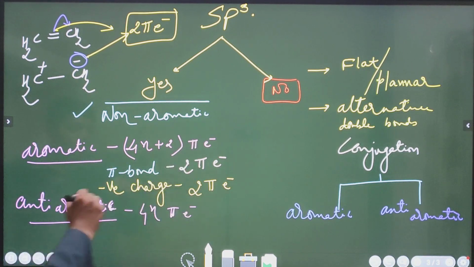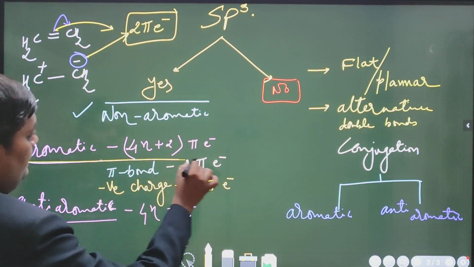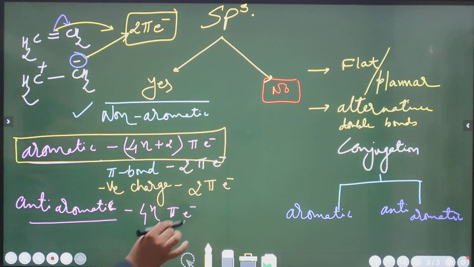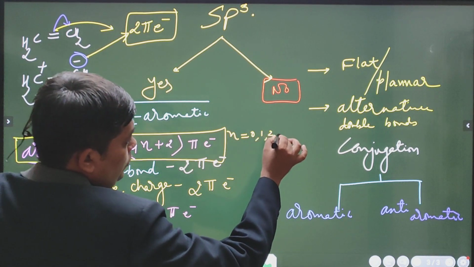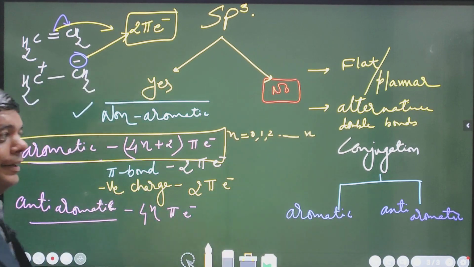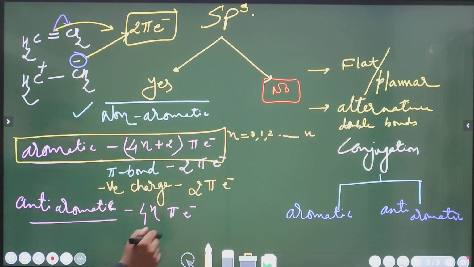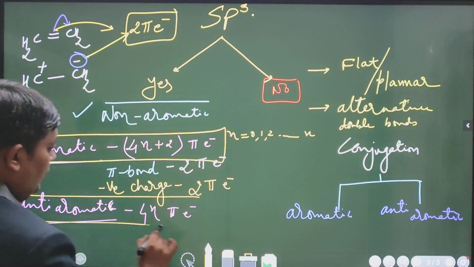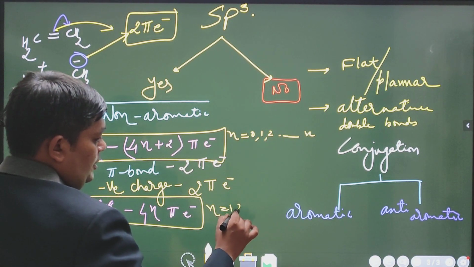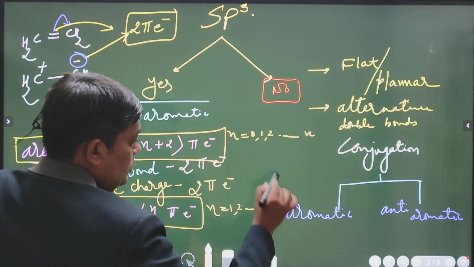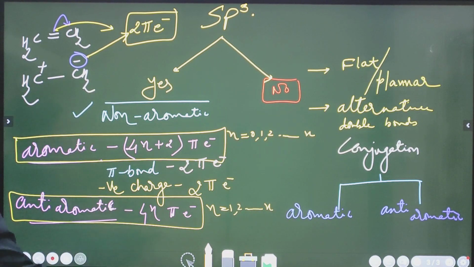For the aromatic formula, n can be 0, 1, 2 up to n, and for this particular formula, n starts from 1 up to n. So this is the basic difference.